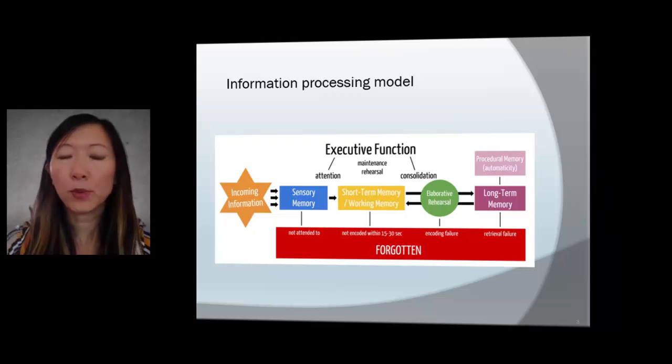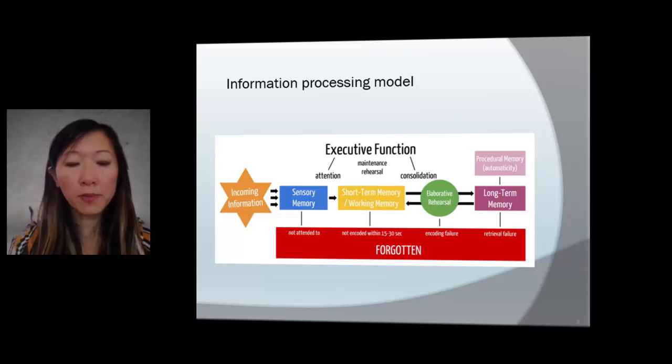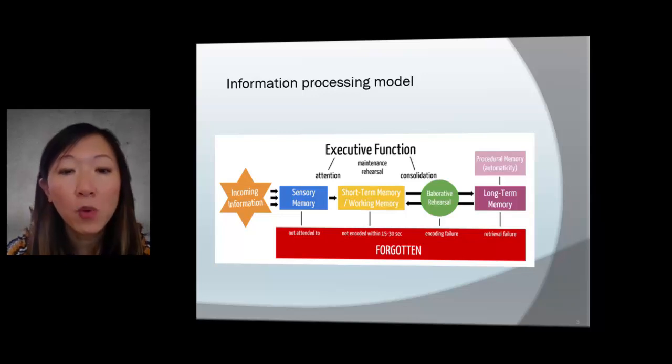That's where we place our information to get ready to process. In order for information to be stored in our long-term memory, we have to do some things to it. This is an active process, not passive as in the behaviorist paradigm.